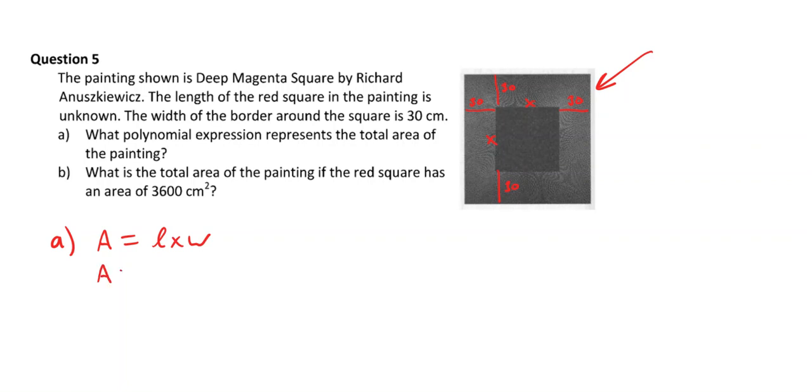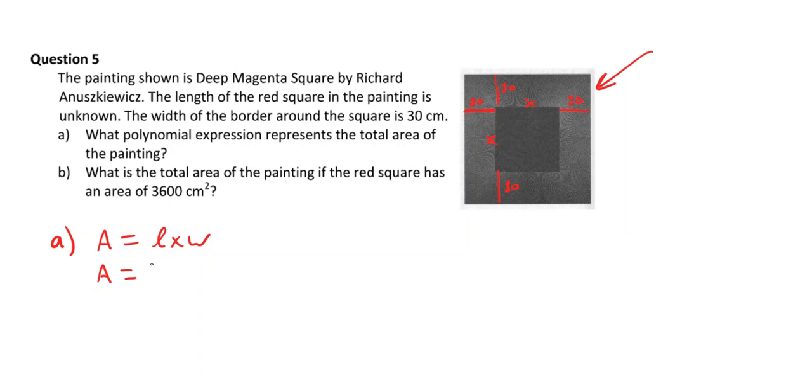So the area is equal to, okay, the length of this guy, going this way, right? If we look at this, this would be 30, and then an x, and then another 30. And that would be the total length, right? So I could just go 30 plus x plus 30, that'd be the same thing, or x plus 60. I could just add those 30s together.